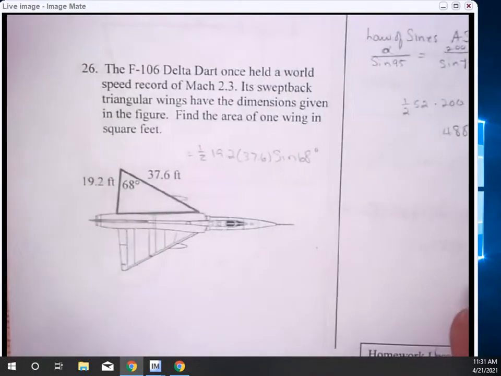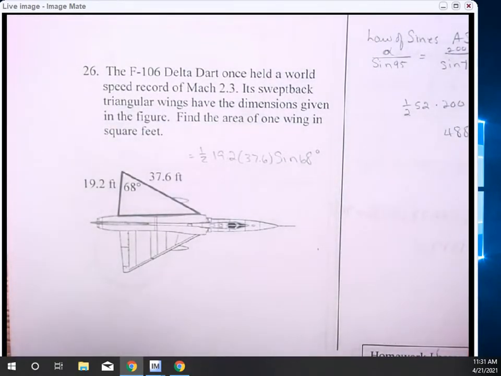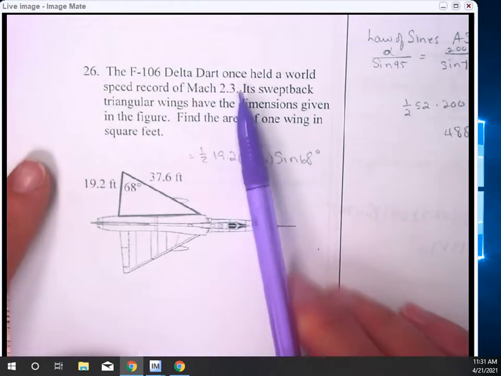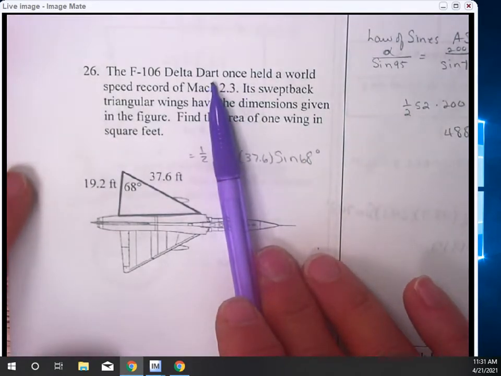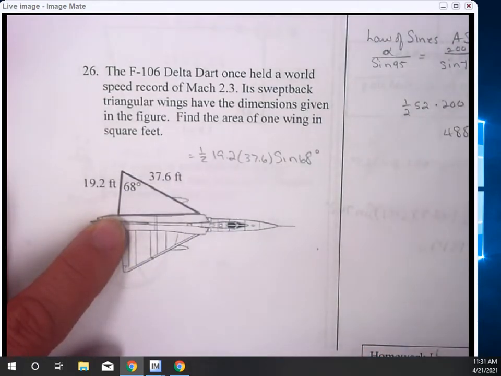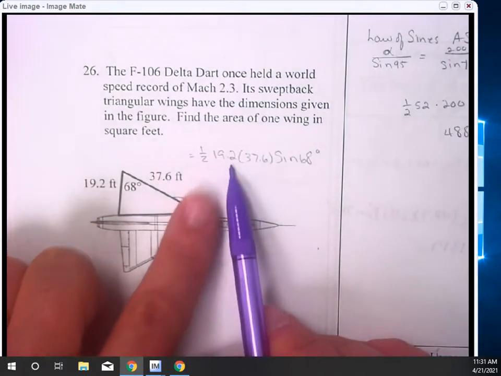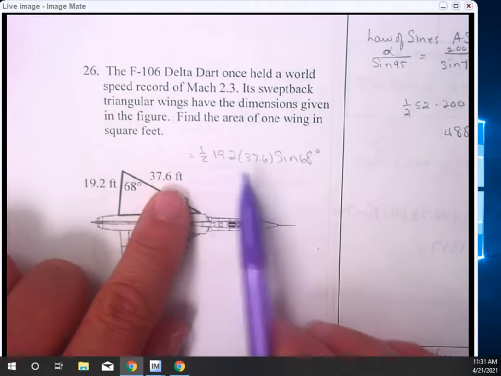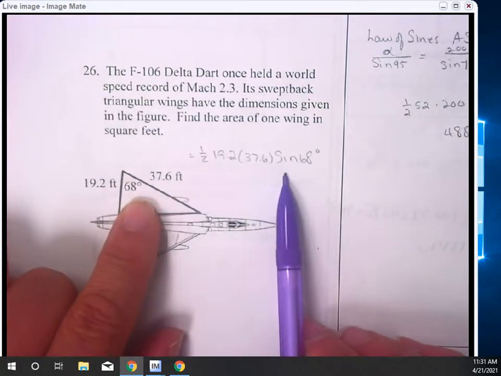Then on the wing, we are doing our Mach 2.3 Delta Dart F106, and we have side, angle, side. Since I'm finding the area of just that wing, I'm going to use 1/2 of 19.2 times 37.6 times the sine of 68.